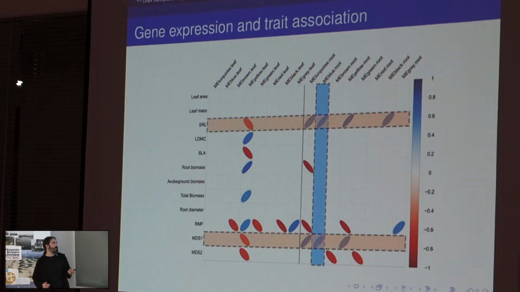So we have positive correlations here. So it appears that the genes in that module are in a way involved in root morphology, and it seems that could also be regulated by DNA methylation at some point.